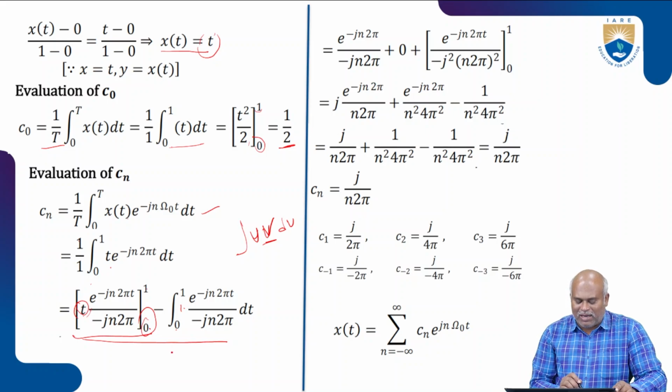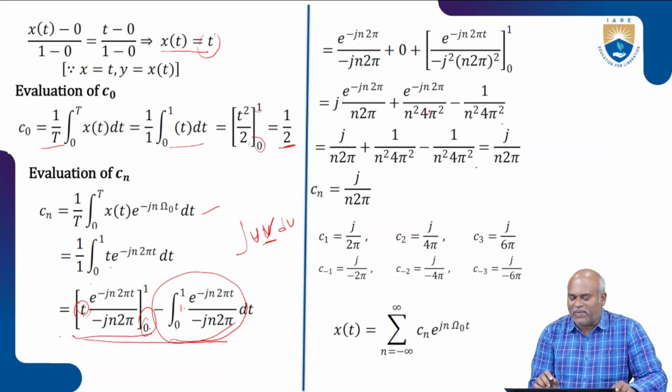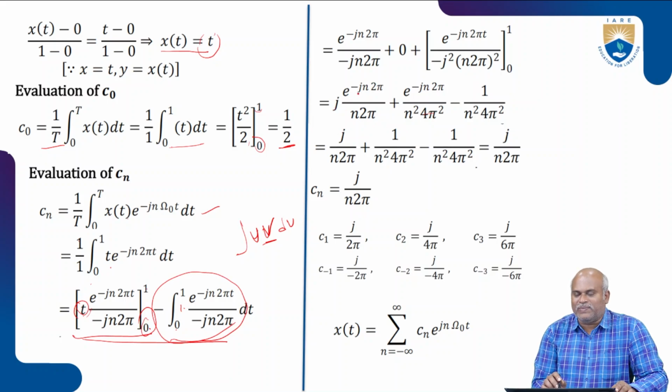Next you integrate this part, and we substitute for the interval of this portion. We get this formation. So finally I should write the equation as j e power minus j n 2 pi divided by 2 pi n, plus e power minus j n 2 pi divided by n square 4 pi square, minus 1 by n square 4 pi square, right.